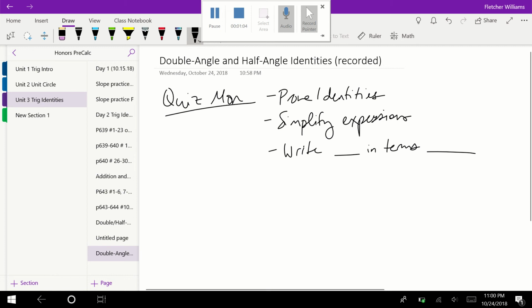And then the quiz will involve using the sum and difference trig identities. And so you need to have those memorized. The sine alpha plus beta identity, alpha minus beta, cosine alpha plus beta, cosine alpha minus beta, and to be able to do problems similar to the homework and what we did in the lesson.